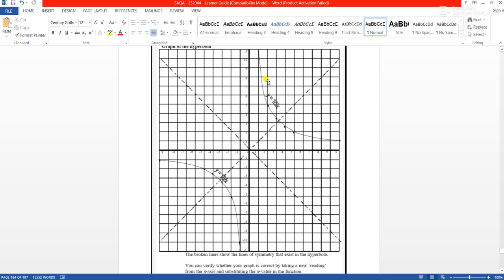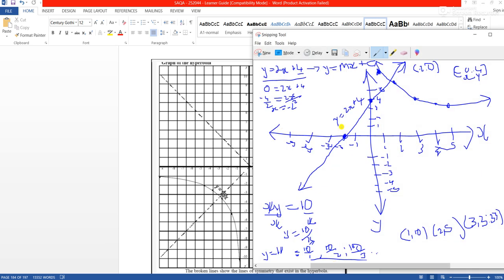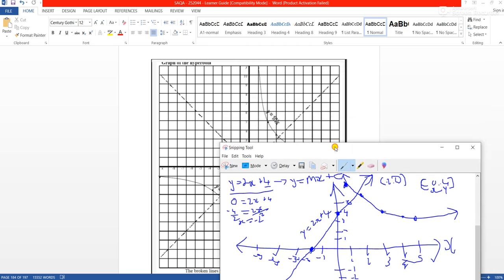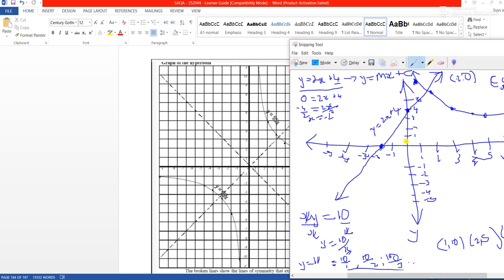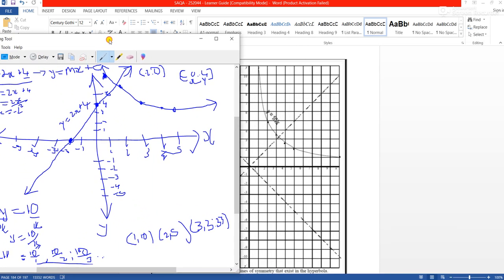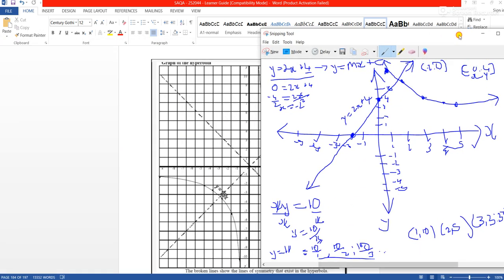It's the same thing, just that my Cartesian plane is not up to scale. I've done it ahead, but it's the same concept, it's the same graph that we've drawn, it's the same one.